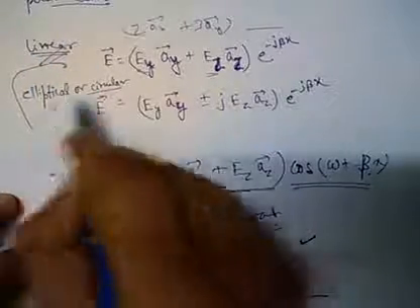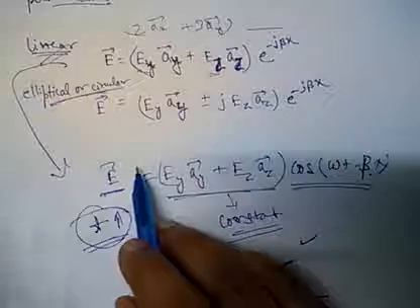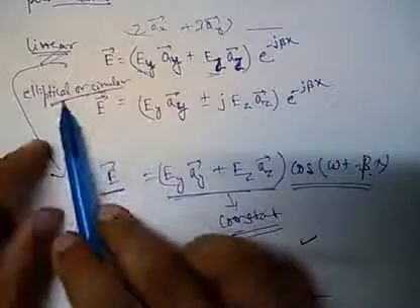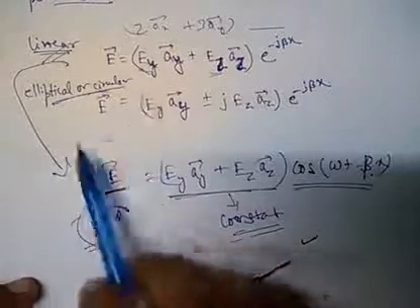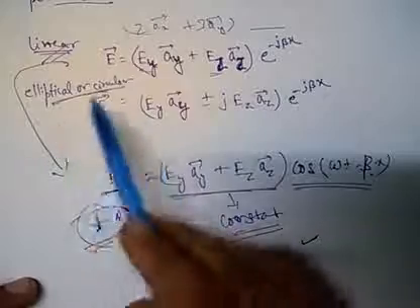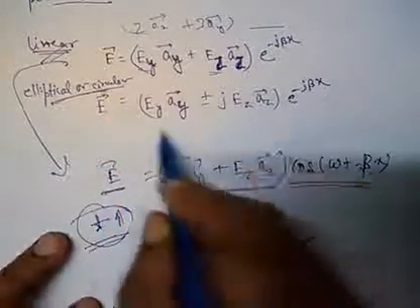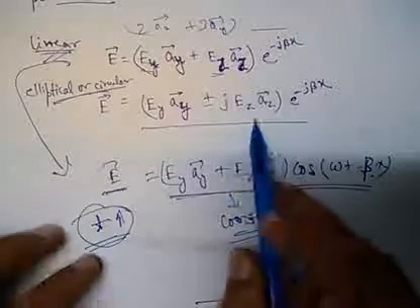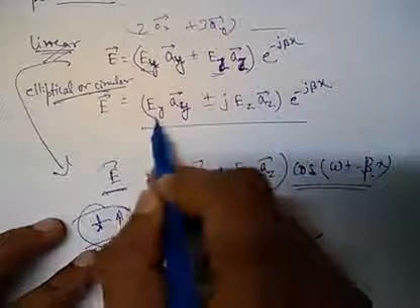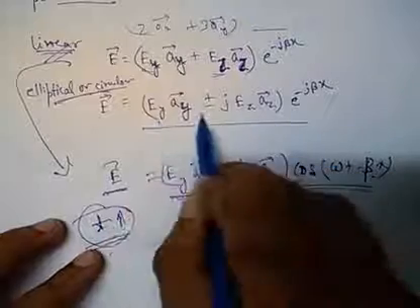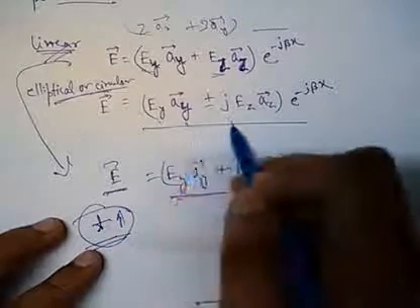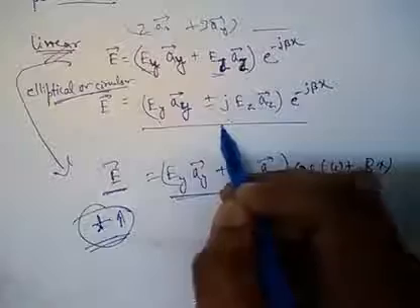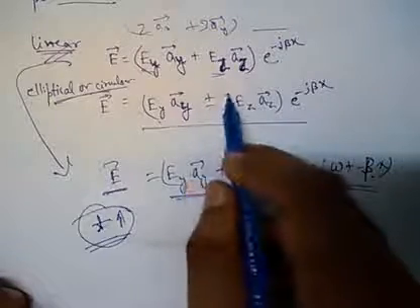Now come to the second type of polarization, or you can say the two mixed polarizations. Elliptical it may be, or it may be circular. When it will be elliptical and when it will be circular, let us see. This is the form of elliptical or circular polarization. Here we can see that there is a phase difference of just 90 degrees, either plus 90 or minus 90, meaning this can lead or can lag.